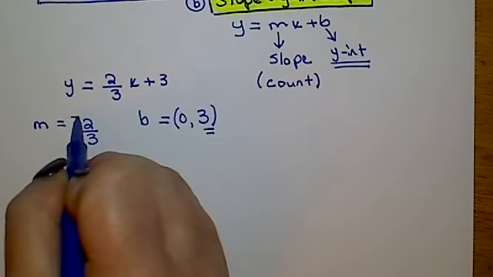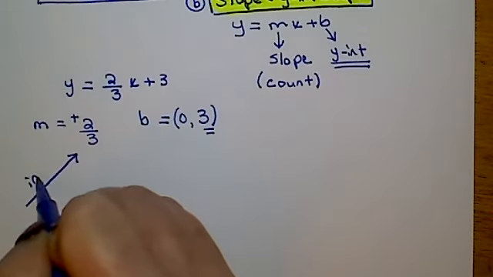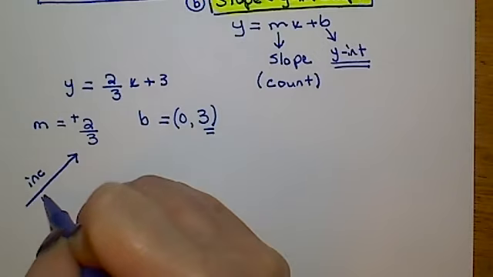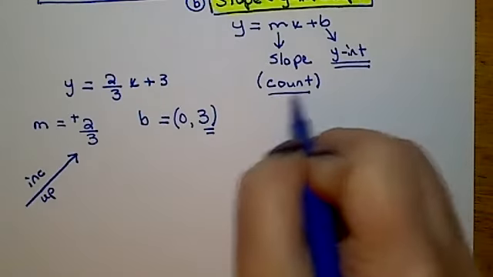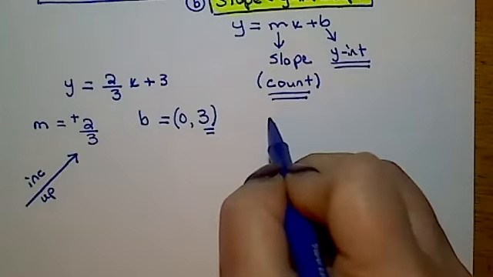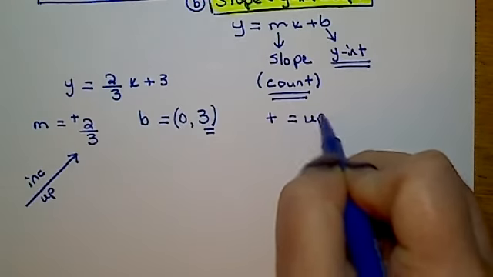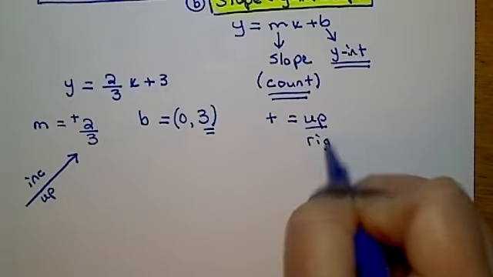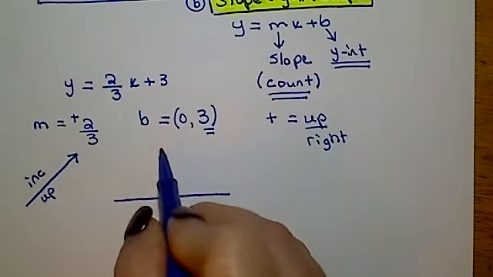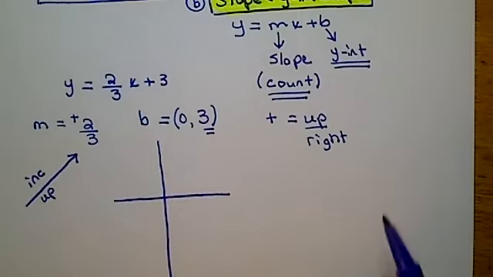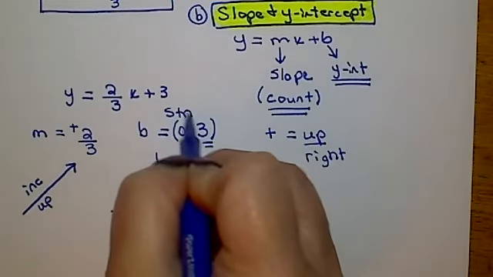Now, if the slope is positive, that tells you that your line is increasing, which means it is going up, okay? So to count for your slope, if the slope is positive, you're going to count up and right. So I'm going to draw my coordinate plane, and I'm going to start. This is where you start.